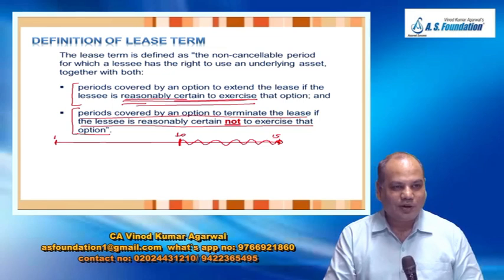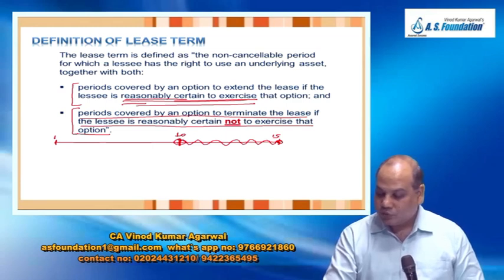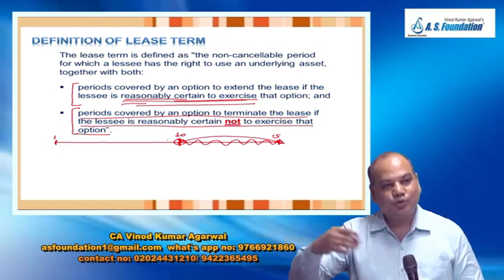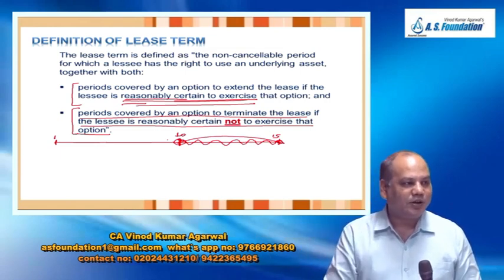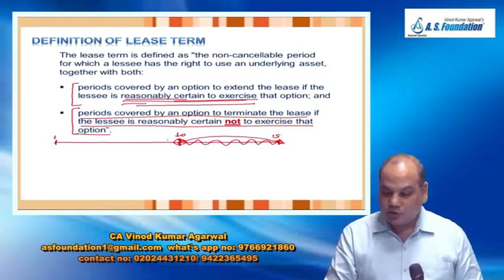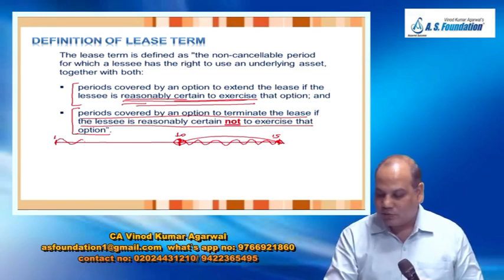Would you like to terminate? That was an extreme example, but sometimes they put this condition. If you terminate, you have to pay the rent for the remaining period, 2 times the remaining period, 50 crore rupees, anything like that they put, so that you don't terminate, because the lessor has invested his money, and many times the assets are very specialized.